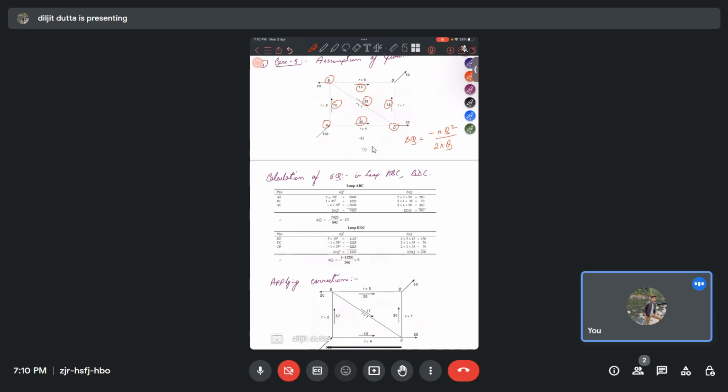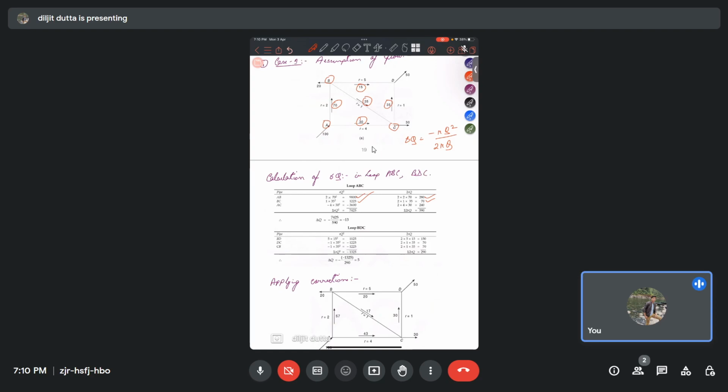For AB it will be 2 into 70 square, where R is 2 and 70 is the discharge. So 2 into 70 square is 9800, and the denominator will be 2 into R into Q, so 2 into 2 into 70. For BC it is again clockwise, so 1 into 35 square, and 2 into 1 into 35 for the denominator.